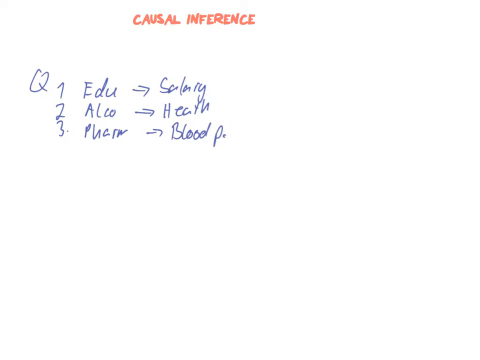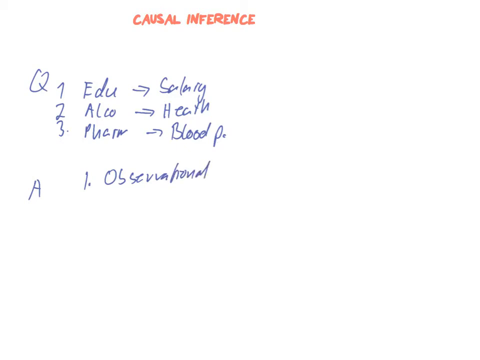Now there are two basic answers to these questions. One is that we just observe what happens to people who get, for example, education, and people who do not have education. We just observe data and compare the means or do something. So observational data is one source of evidence for answering questions like that, observational evidence.